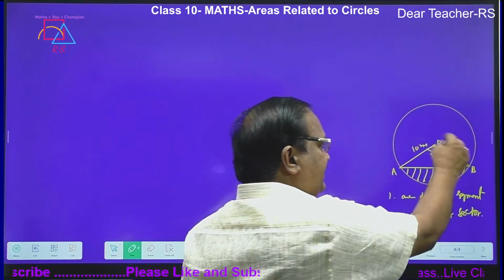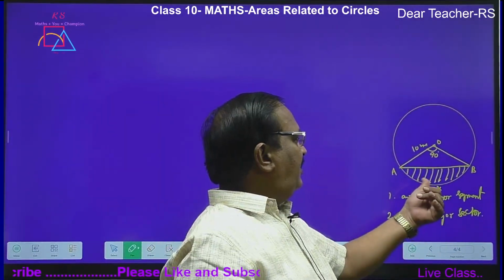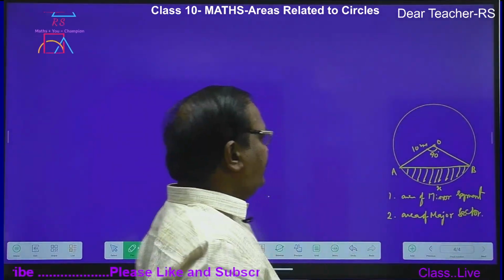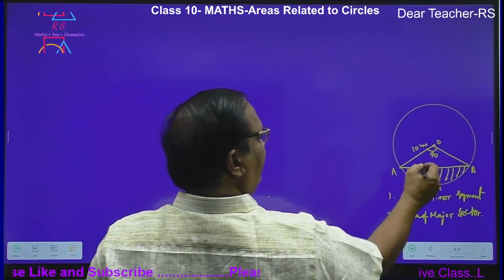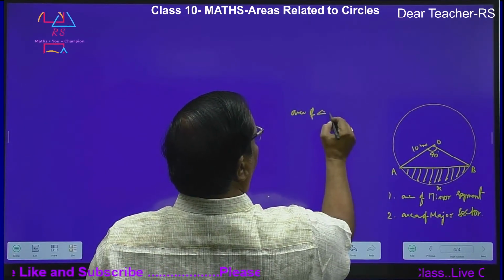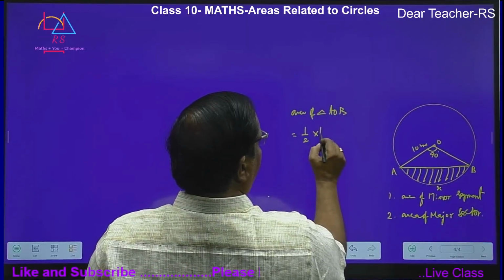So total sector minus this triangle is equal to minor segment area. So now here you have to find out area of triangle. Area of a triangle AOB. I'll do it here. So half base into height you can write.